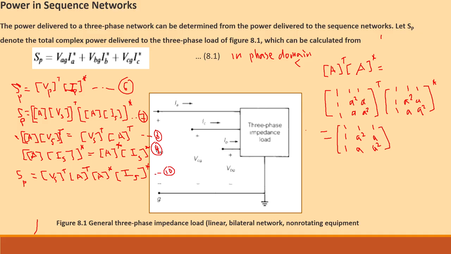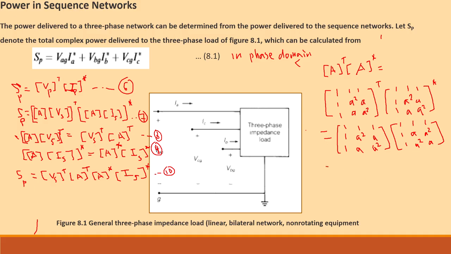This is the transpose of the matrix A, and the conjugate of each term in this matrix is as follows. The conjugate of 1 is 1, and also we said that the conjugate of A square is A, and the conjugate of A is A square.